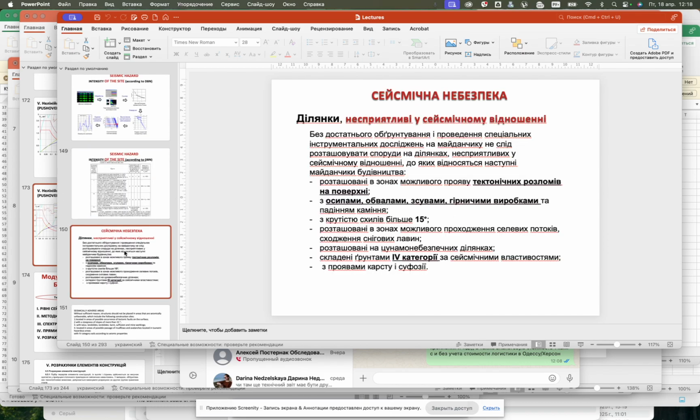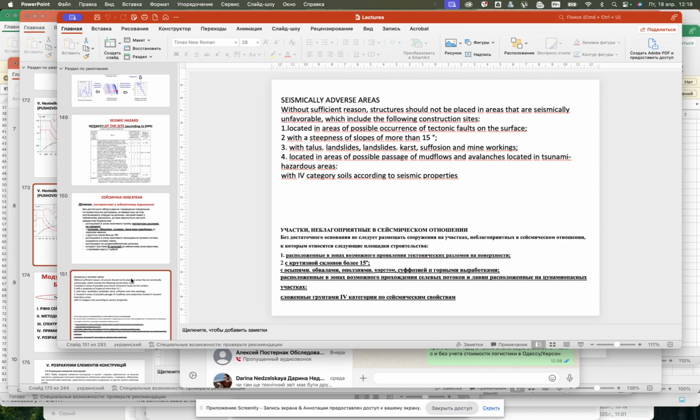The next issue that we have analyzed is seismically adverse areas, and we know that there is a list of areas which are located in places with possible occurrence of tectonic faults on the surface, with a steepness of more than 15 degrees, with talus, landslides, karst, erosion, mine works.